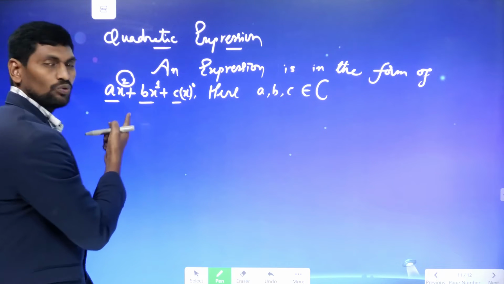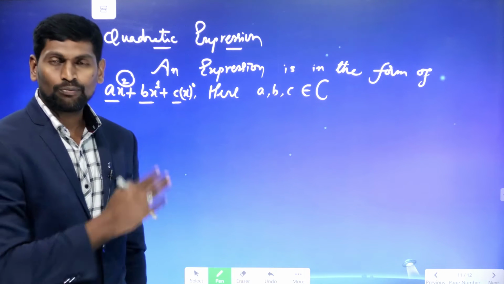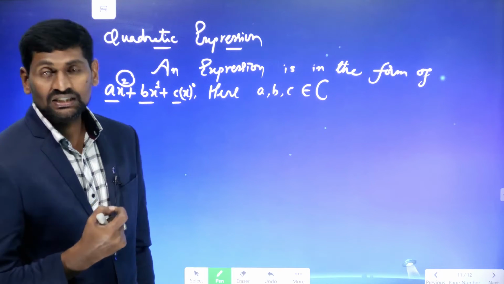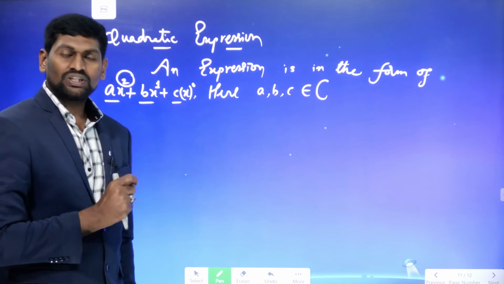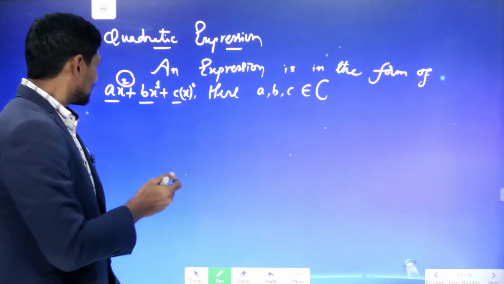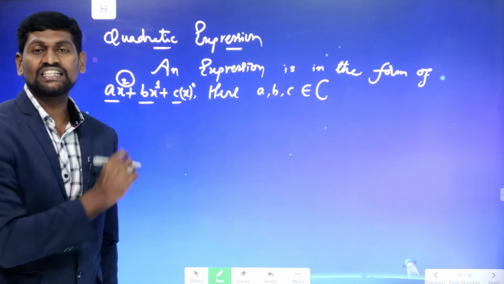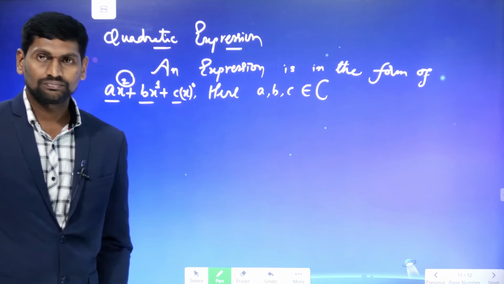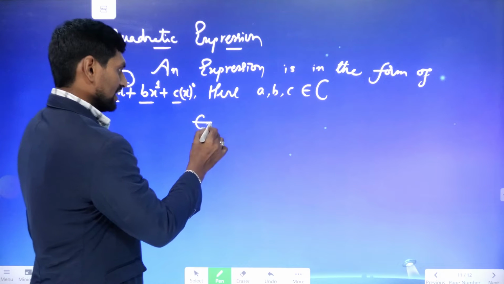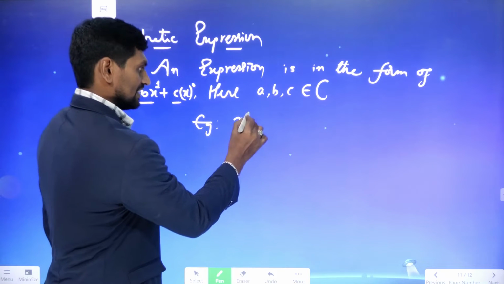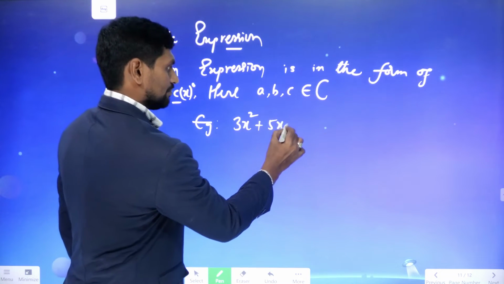Here 1, here 2. What is the highest one among the 3 terms? The highest degree term is ax square, the first term. So that highest degree is considered as the degree of this expression. Okay? Degree of this expression. Examples we can take: 3x square plus 5x plus 6.